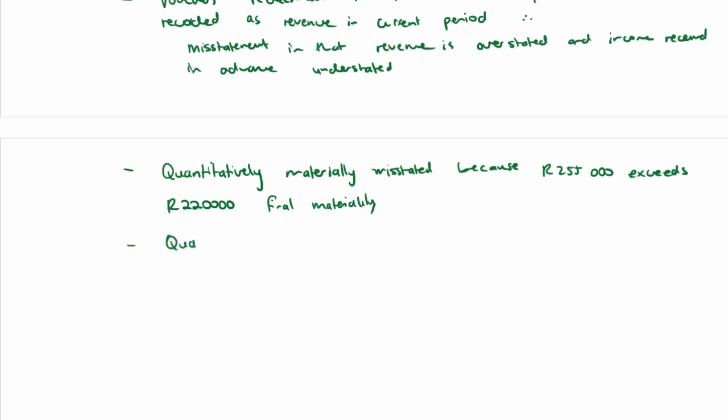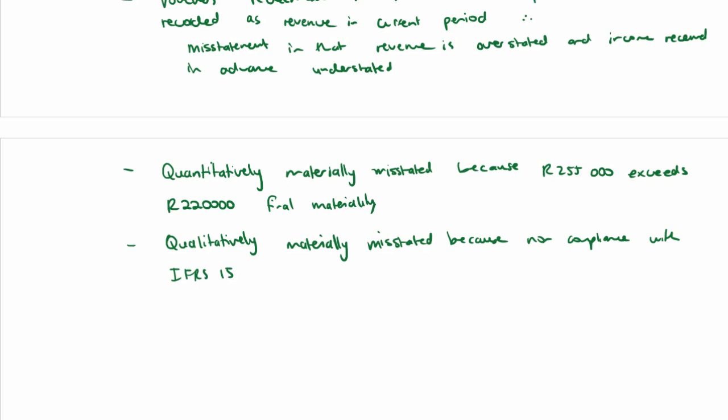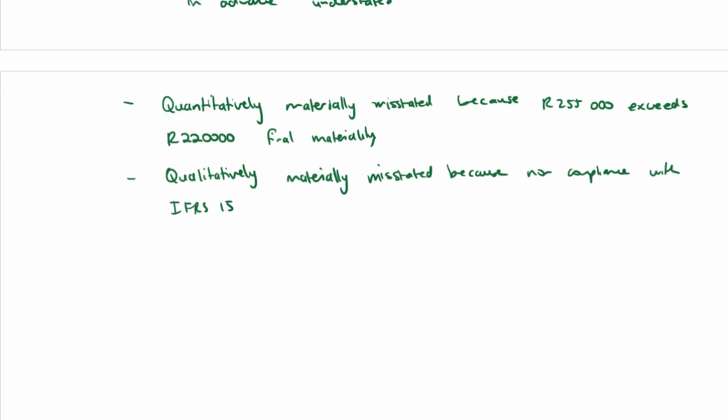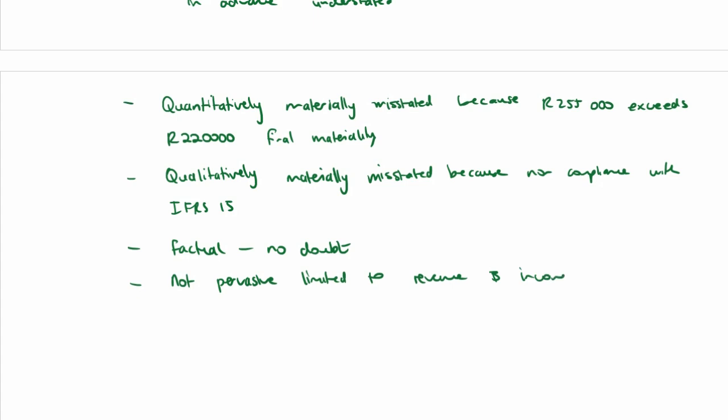It is qualitatively material or materially misstated because this is non-compliance with IFRS 15, your revenue standard. This is recording revenue before the conditions are met for revenue to be recorded. It is factual. There is no doubt. It's not pervasive because it is limited to revenue and income received in advance.